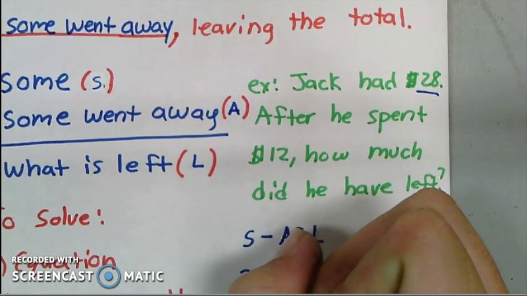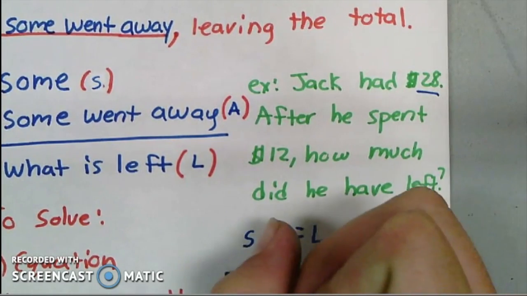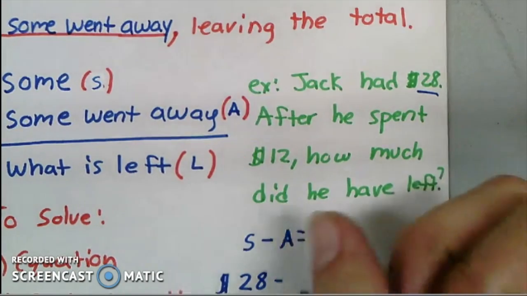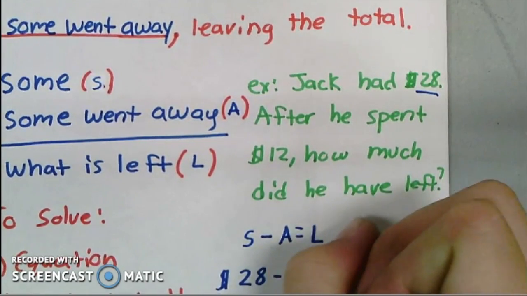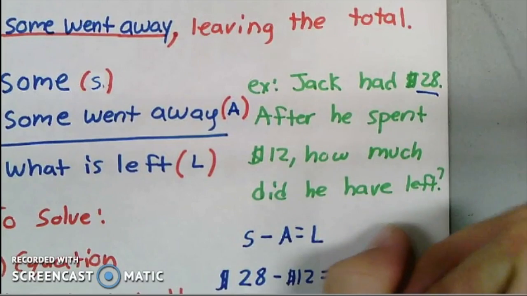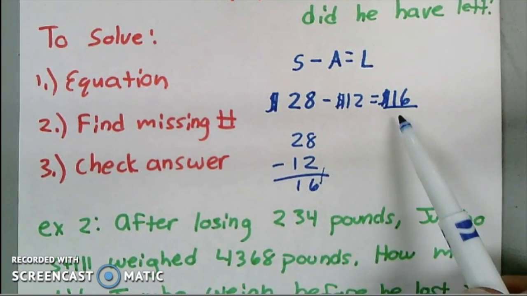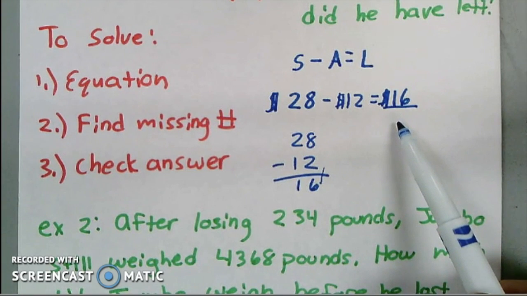That's our initial sum. What about the $12? After he spent $12, so the $12 is what went away. We want to know what he had left. I did 28 minus 12 was 16, and so 16 was what he had left.